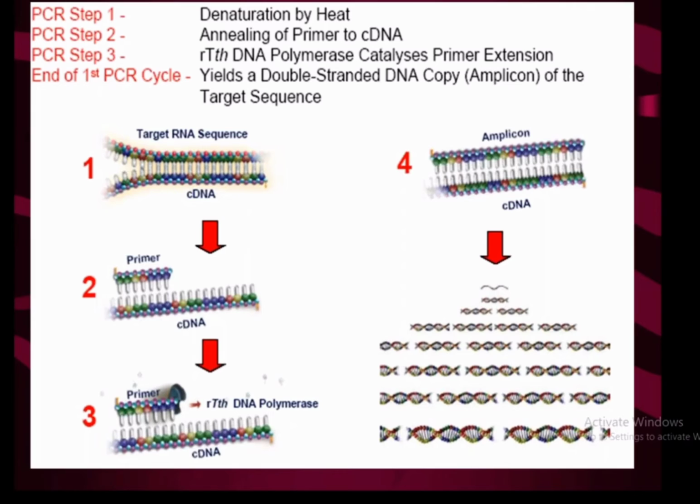Then by the action of Taq polymerase, you'll get an RNA-complementary DNA strand. Then by the action of this enzyme, the RNA copy will be released. You'll get a complementary DNA strand, and another DNA strand will be formed on it. So you'll get a double-stranded DNA, which will again be separated at the higher temperature, 95 degrees Celsius, and then this DNA strand gets incorporated into the PCR cycle.